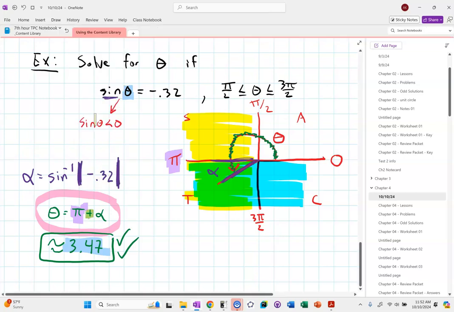And then whether I add or subtract alpha is going to depend on which axis I cross right before I get to the terminal side. If my theta is going to be a positive number, and the axis I cross before I get to the terminal side is the x-axis, I'm going to be adding.